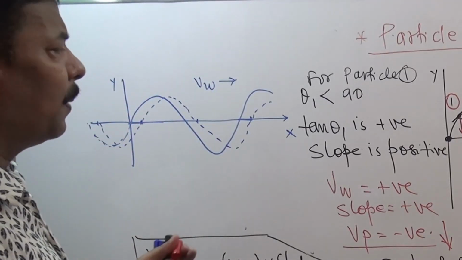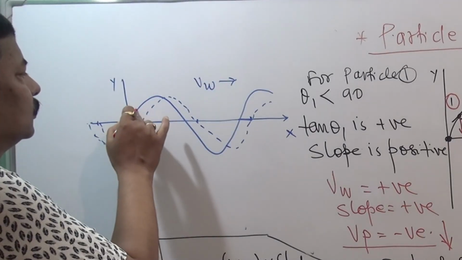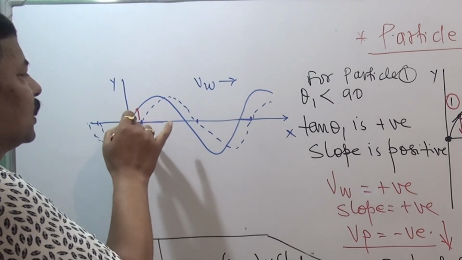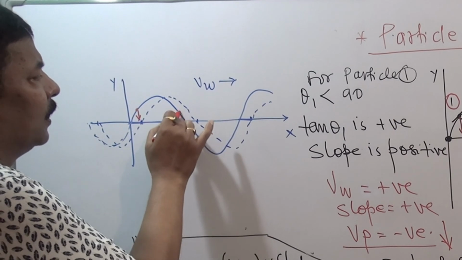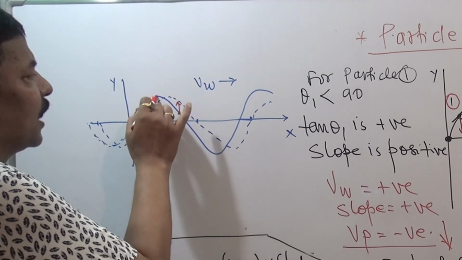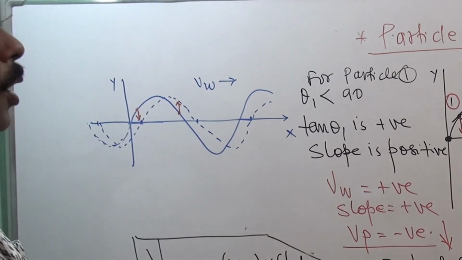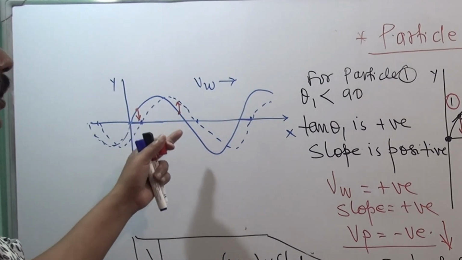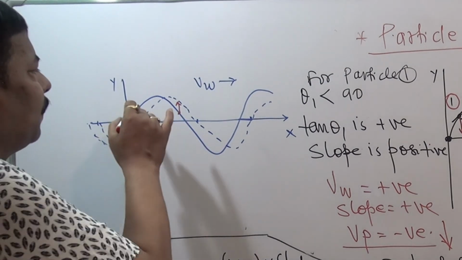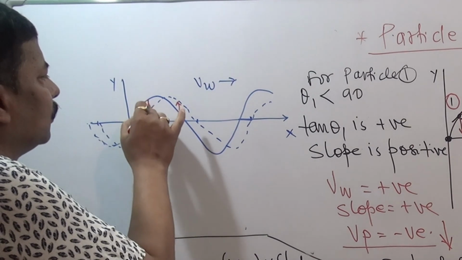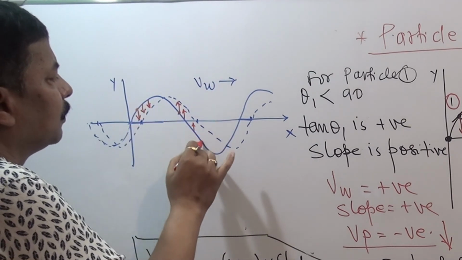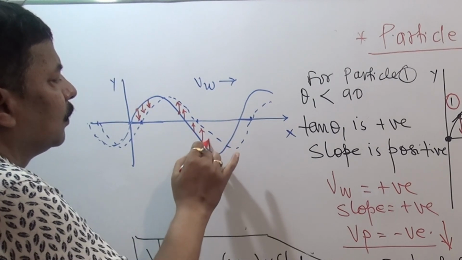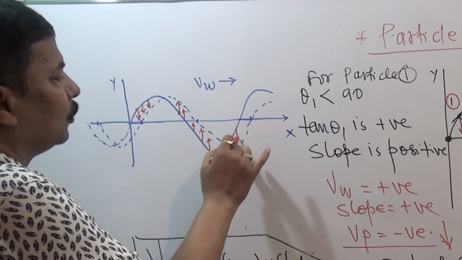If we talk about particle 1, you see it is coming down. Particle 3, here it is going up, and this is at rest. So by this analogy also you can say all the particles here will come down and all the particles here will go up, and this will come down.